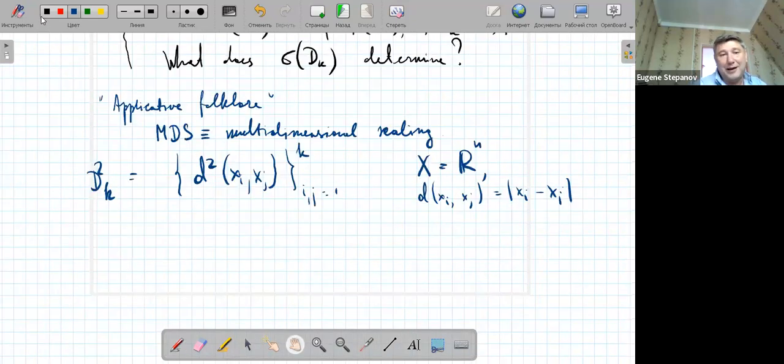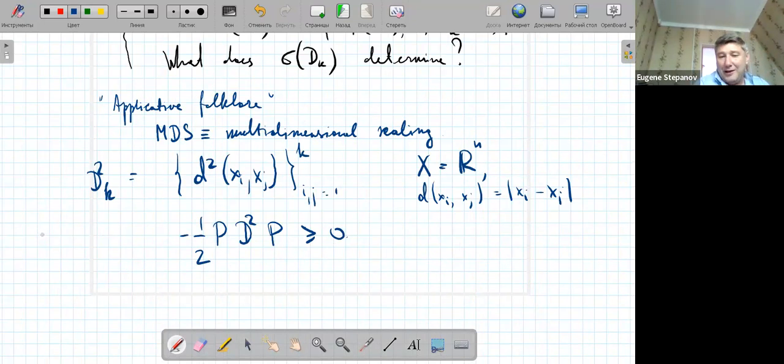If you multiply this squared distance matrix by a projection to a constant vector, with value 1 in all rows, so P d squared P, multiplied by -1/2, then in this case this will be a positive definite matrix.